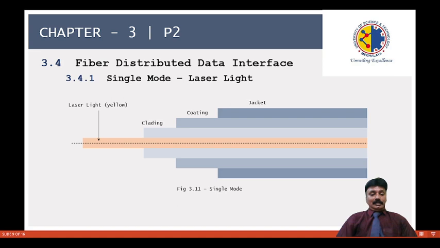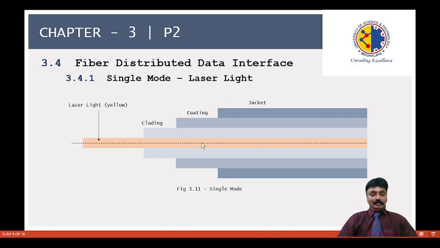Generally the speed of light in vacuum is 3 lakh kilometers per second, that is 3 into 10 to the power 8 meters per second. So in case of this laser light, if it is moving in this particular line, it will travel in this fashion along the cladding.